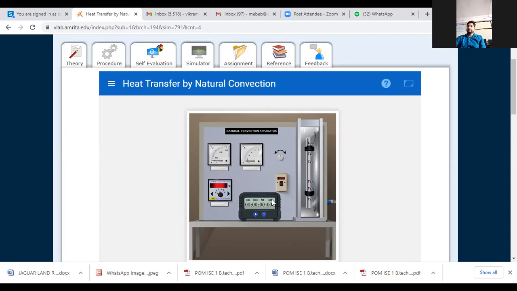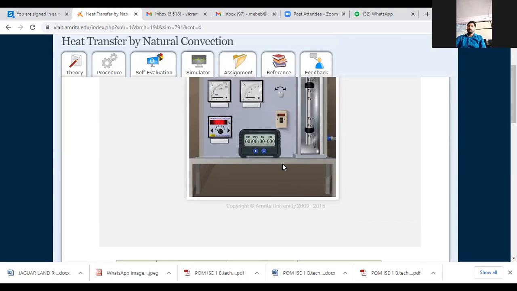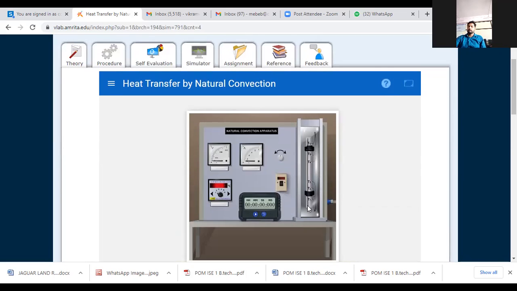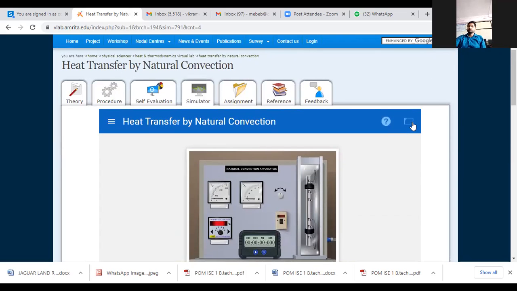This is the time indicator, this is the temperature indicator, voltmeter, ammeter, and the knobs are provided. This is the on off switch, and this is the knob to change the voltage and current. First we have to select the material for the cylindrical tube, and the further parts we will discuss in this simulation part. Shall we start the simulation for convection?